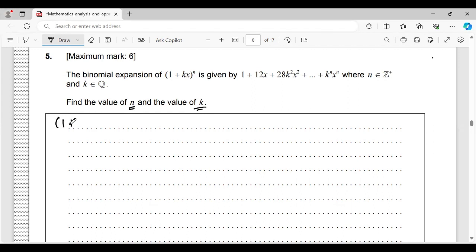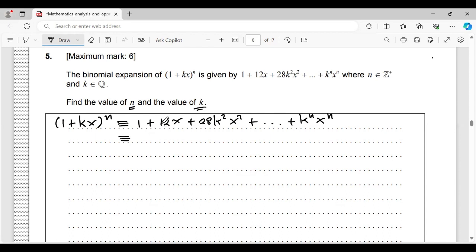Based on this information, the expansion is 1 plus 12x plus 28 k squared x squared plus so on till k power n x power n.